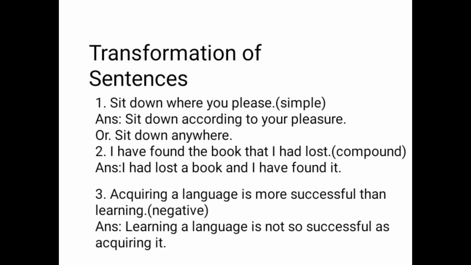If you make it simple, you have to write "Sit down according to your pleasure," or you can answer in another way. In place of pleasure, you can use wish. That means you can say "Sit down according to your wish." And if you want to make it simple in another way, you can also write "Sit down anywhere."